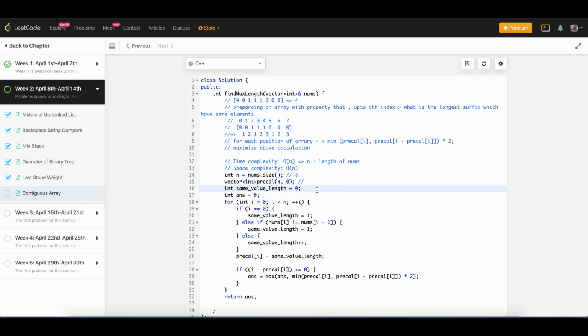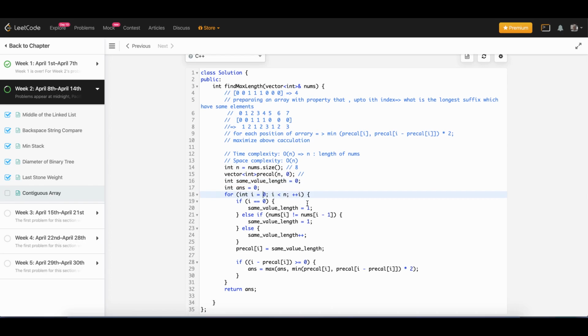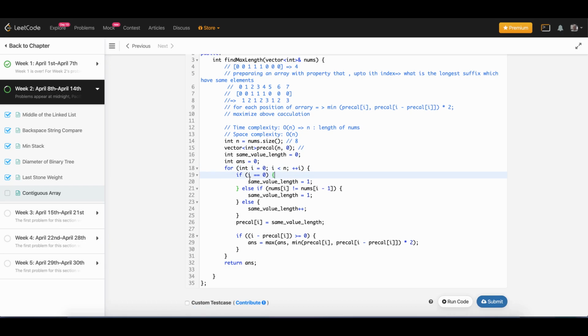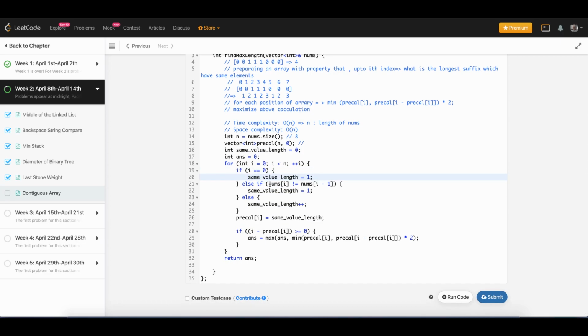Initially this is 0 and answer is also 0, and we are iterating over the given nums array. Initially if I is 0, then definitely same value length will be 1, and if both are not same, then we are putting 1. Yeah, makes sense. Otherwise we are incrementing this.